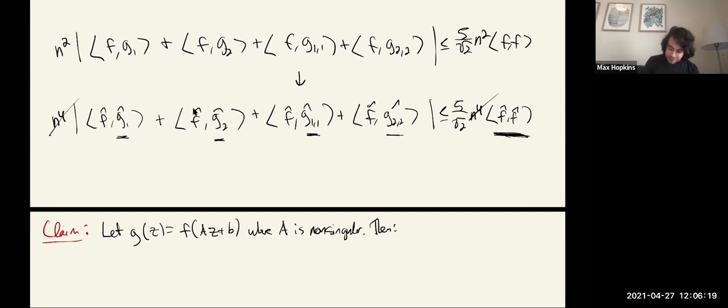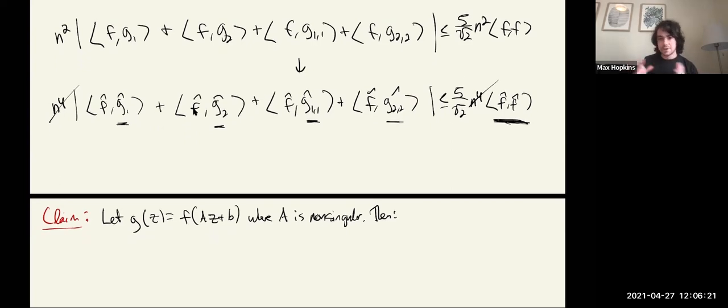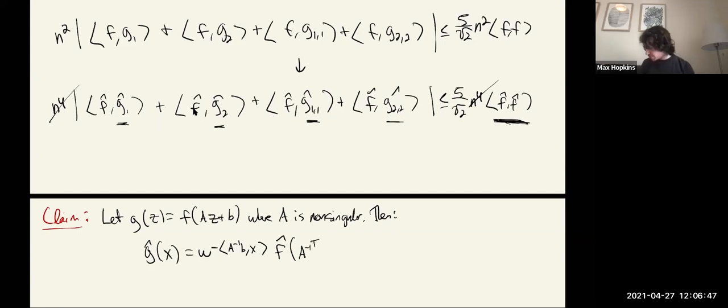In particular, G hat of X will be equal to omega to the negative inner product of A inverse B comma X, times f hat of A inverse transpose times X. Let me just double check that I'm not lying to you. Yes, that's correct.